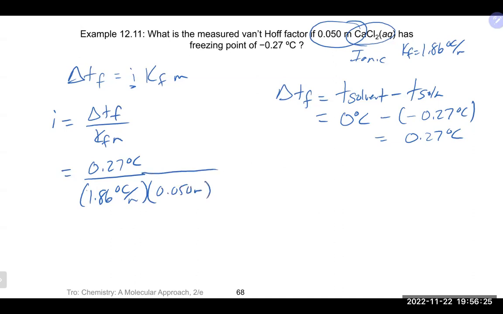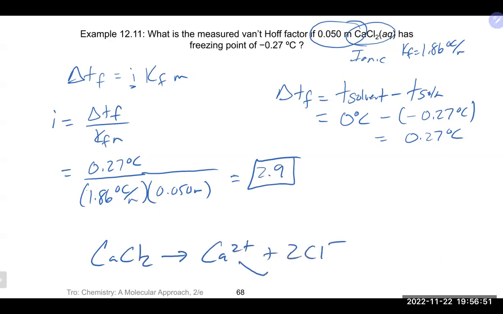Using that, 0.27 divided by 1.86 divided by 0.05 gets us an i factor of about 2.9, which is fairly close to what we would expect if we just did it based off of the formula, where this breaks apart into a calcium and 2 chlorides. That would be an expected i value of 3, which is very similar in that particular case.